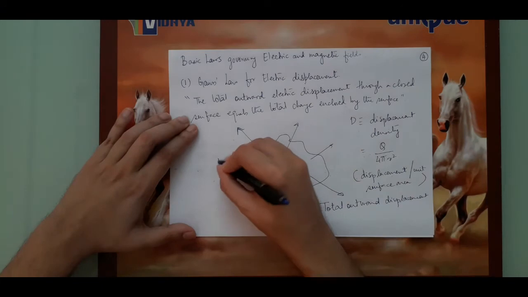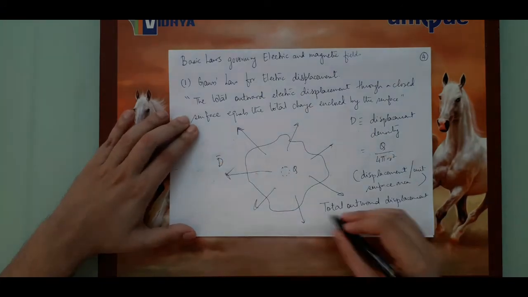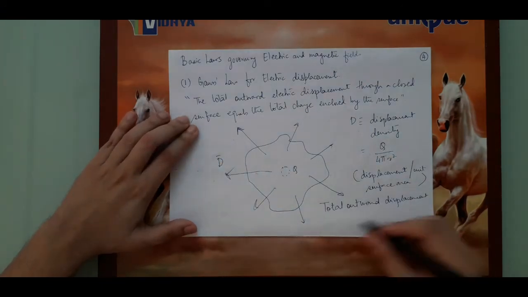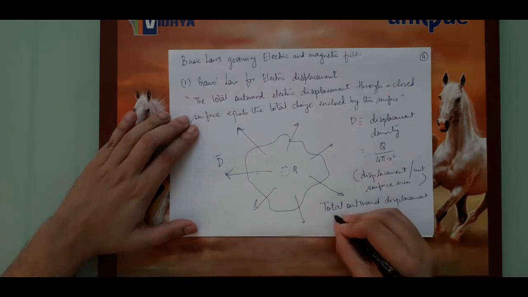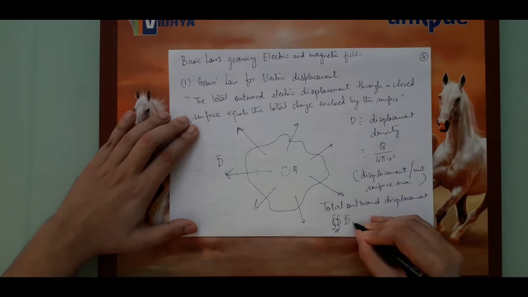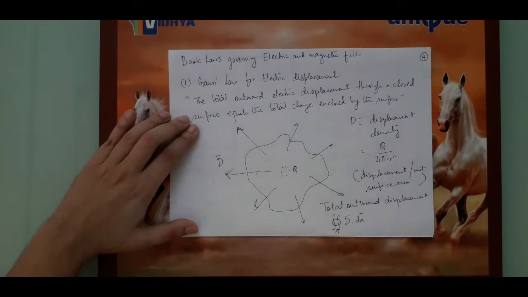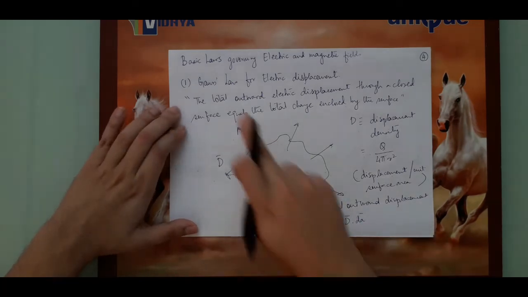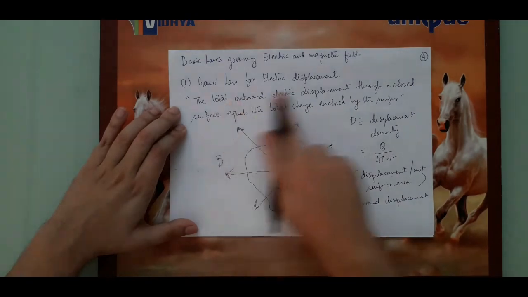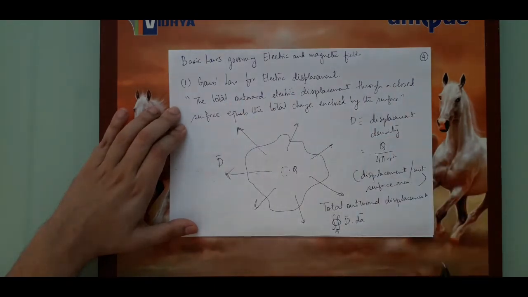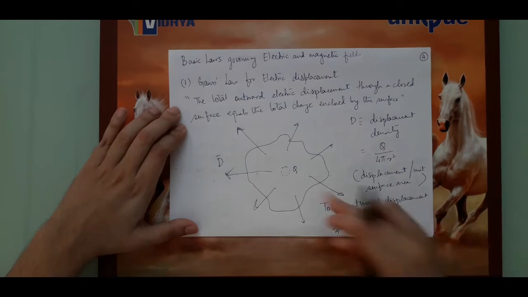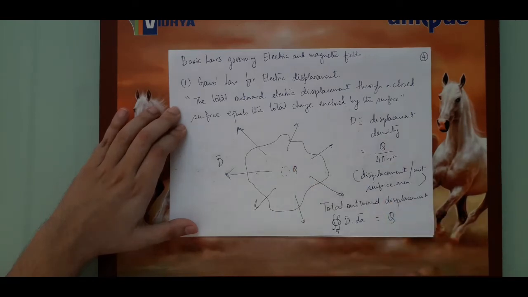So if this displacement density is D, this is nothing but the area integral of D over the whole surface. And what Gauss is saying is that this total outward displacement should be equal to the net charge that is inside the surface, which is Q.